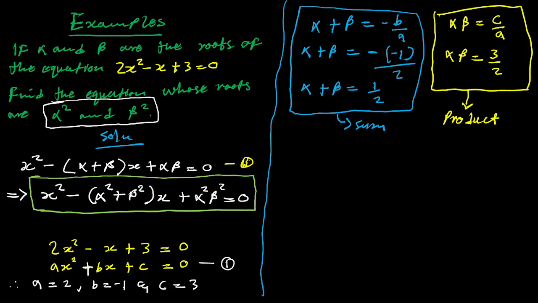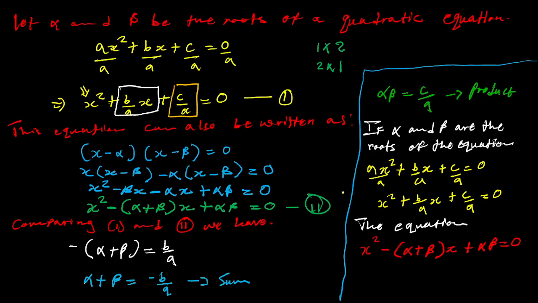You divided the first equation throughout by a, but in this one I cannot see a part where everything was divided by 2. That part of dividing throughout by a was just there to help us come up with the formula of the sum and the product.